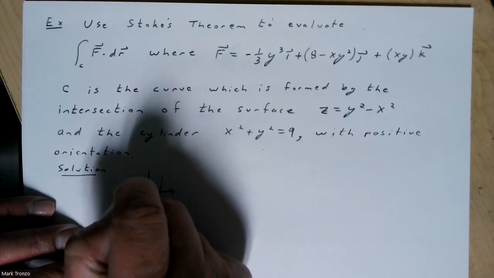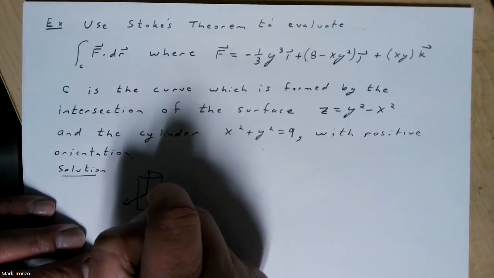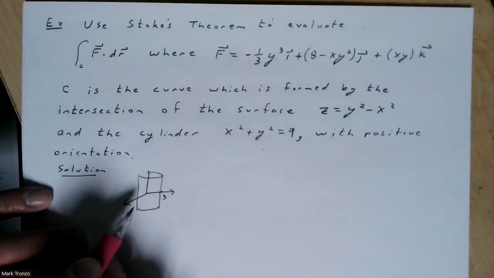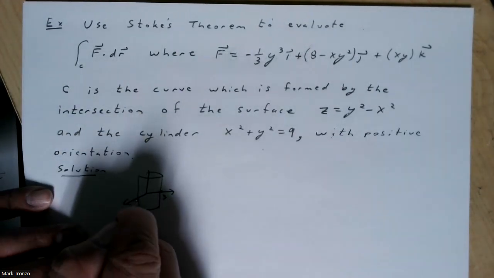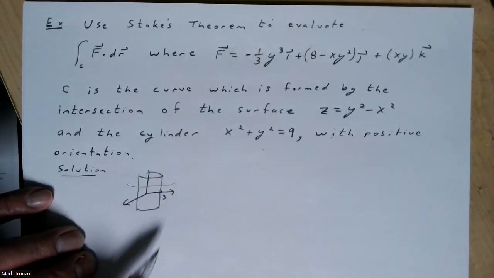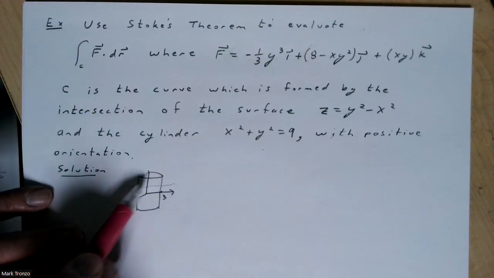So it would probably look something like this, radius 3. And then there's a surface somewhere in here. And this is the boundary. C is the boundary of that surface.